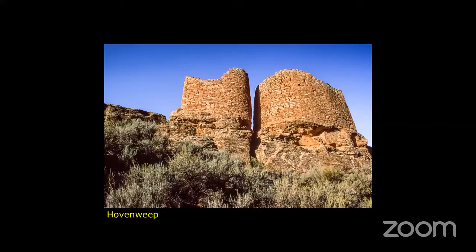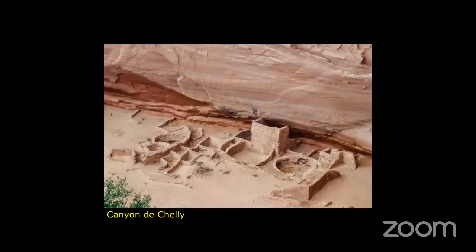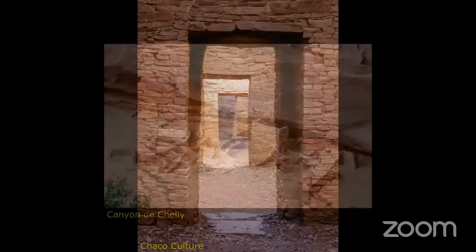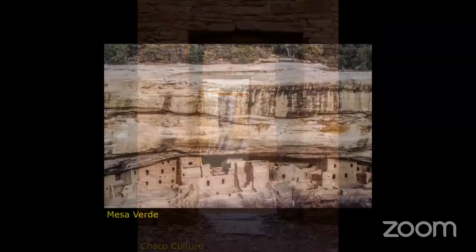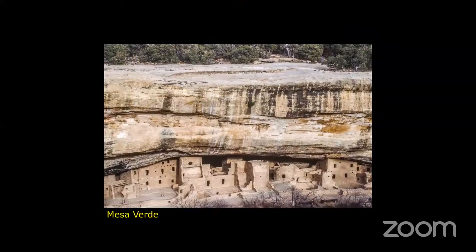They're built on the edge of a canyon looking down on the agricultural areas in the bottom of the river valley. This is Canyon de Chelly. And one of the largest ruin complexes is Chaco Culture, south of Farmington, New Mexico. And of course, most everybody's heard of Mesa Verde, one of the most famous of the ruins.